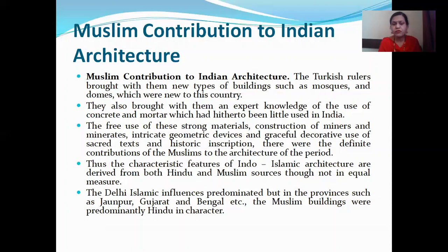Thus, the characteristic features of Indo-Islamic architecture are derived from both Hindu and Muslim sources, though not in equal measure. In Delhi the Islamic influence predominated, but in provinces such as Jaunpur, Gujarat, and Bengal, the Muslim buildings were predominantly Hindu in character.